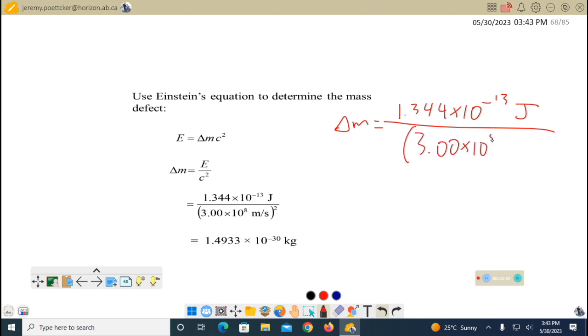3.00 times 10 to the 8th meters per second, and we'll square that. And so our mass is going to be 1.4933 times 10 to the negative 30 kilograms.